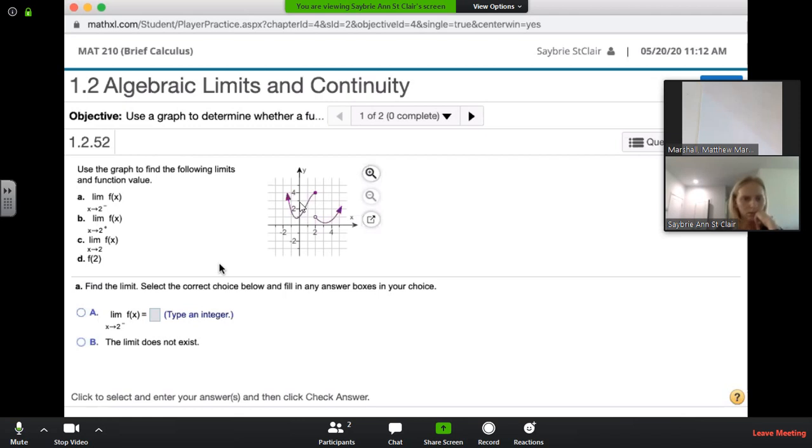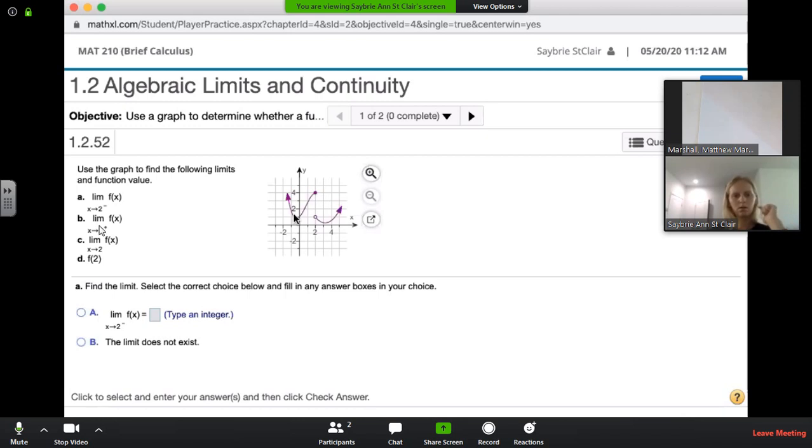That little arrow and dot is the part of the graph you're coming along as you approach 2. That limit is positive 4 on the y-axis, so A would be positive 4.